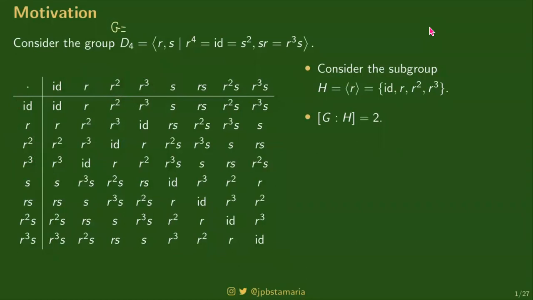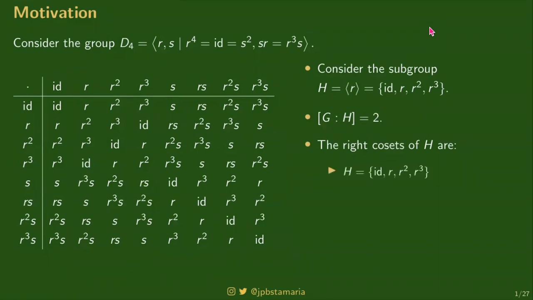Because this has index 2, it will have two distinct cosets. H is normal, right? Because its index is 2. H itself is one coset; the other is obtained by taking any element outside it. We can just look at the right cosets since H is normal, so it doesn't matter whether left or right.